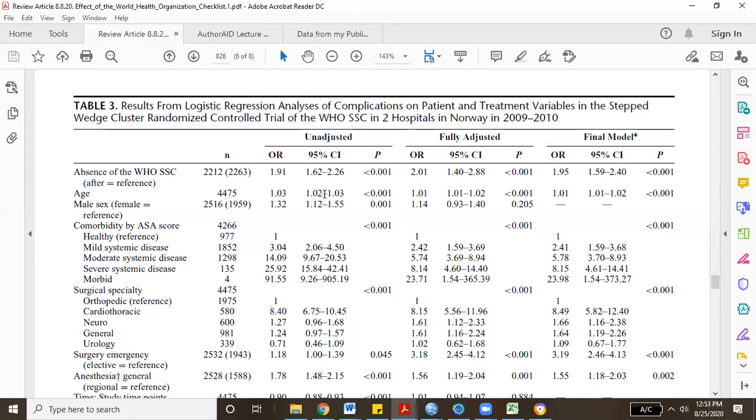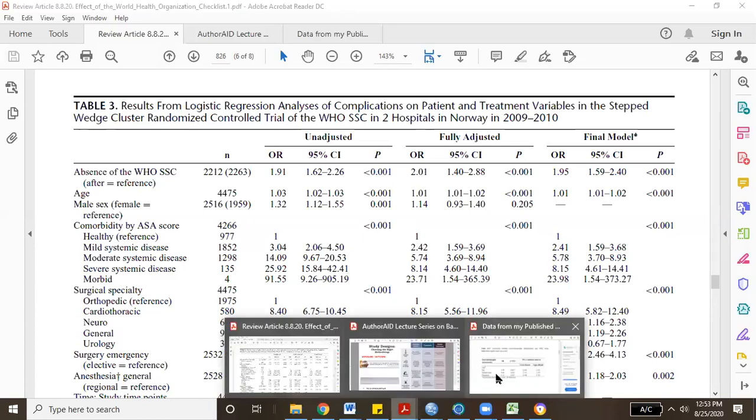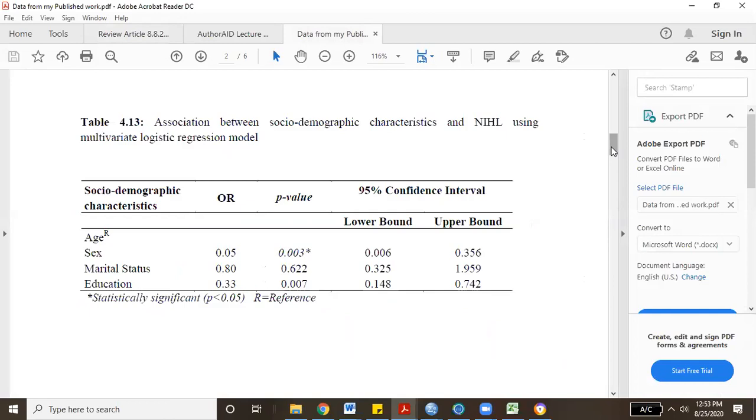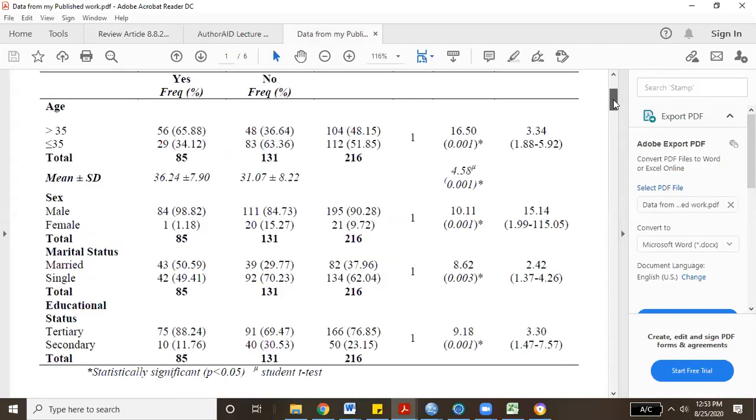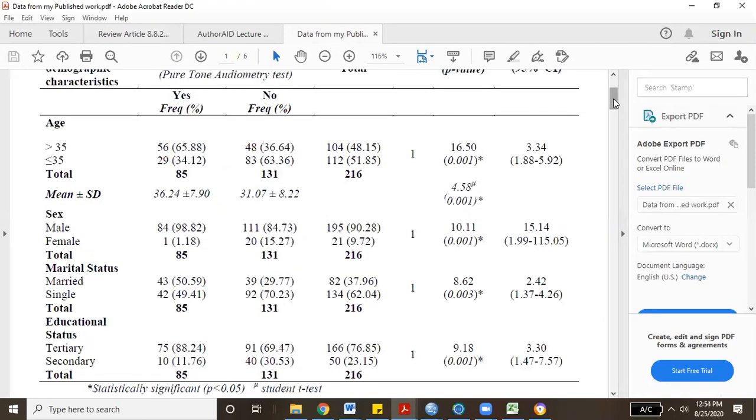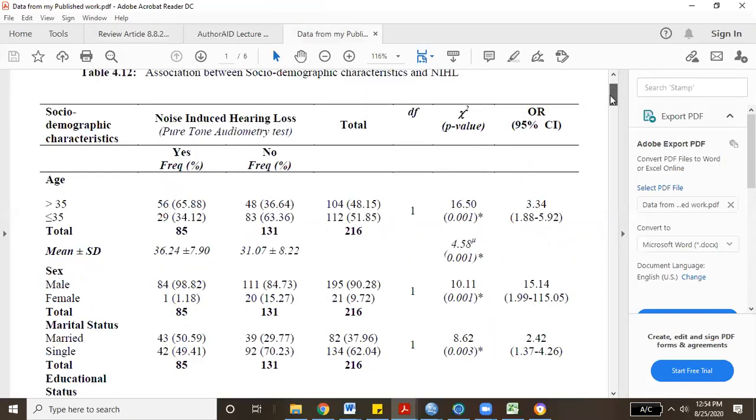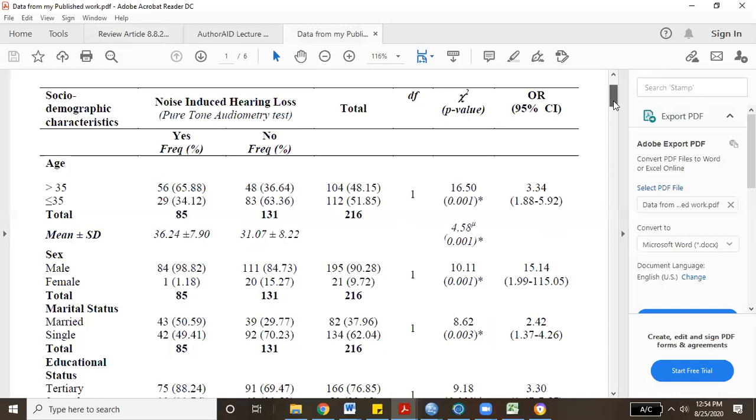The reason why you need to test your logistic regression for confounding variables is not to fall into error, like the example that I showed here, where my work in the unadjusted form is showing that being married and having tertiary education will predispose you to having noise-induced hearing loss, which is not really true.